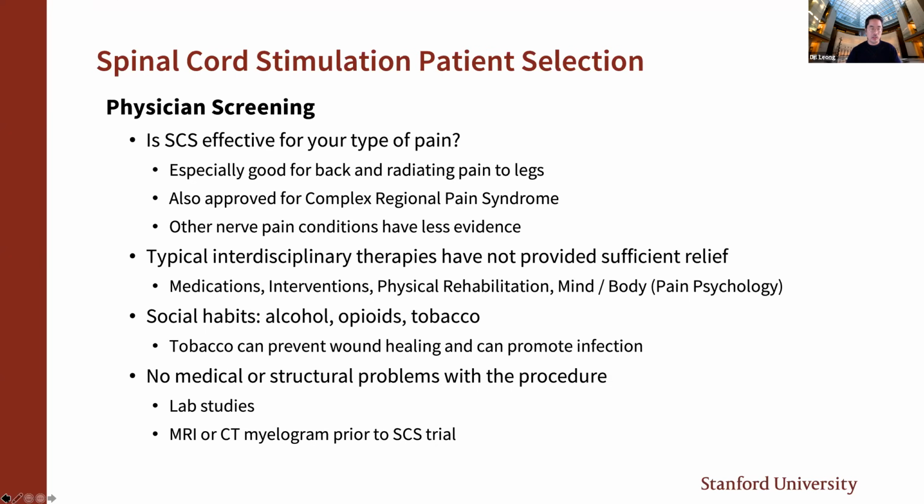And then if there are any structural problems or medical issues with labs or just the placement of the device itself, what we will do is have something called a neuromodulation conference at Stanford.